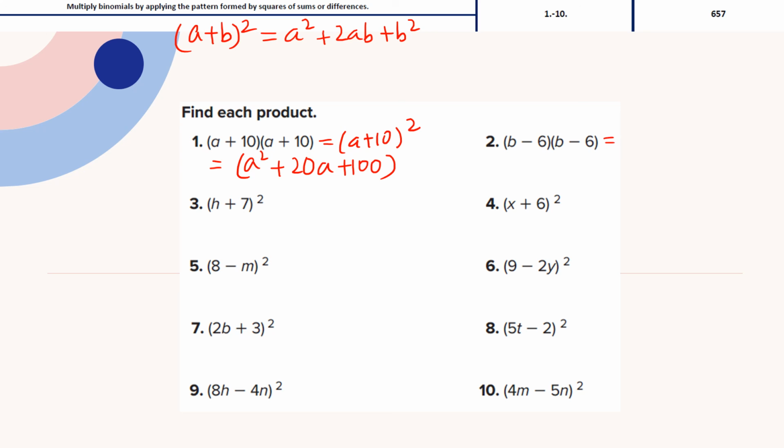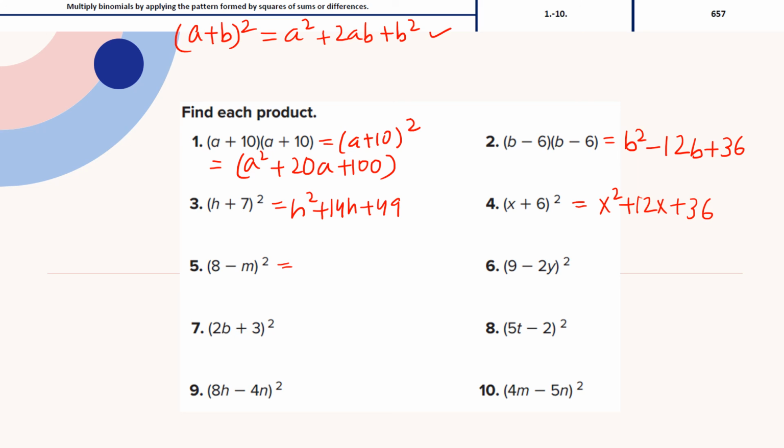Similarly here also the answer would be b square minus 12b plus 36. We are using this identity and the expansion on the right side. This one would be h square plus 14h plus 49. This one would be x square plus 12x plus 36.